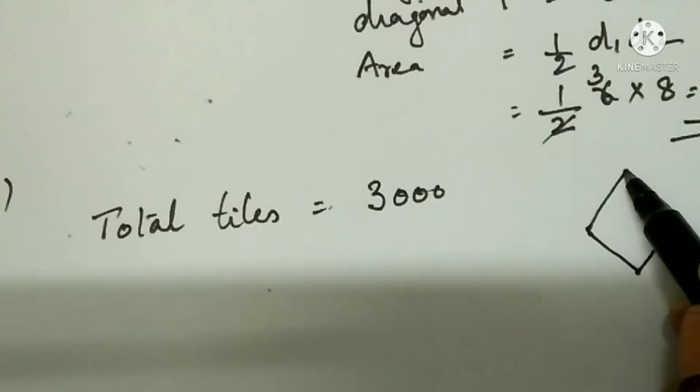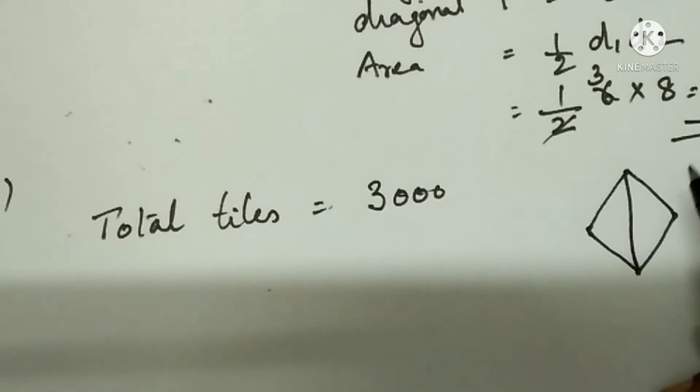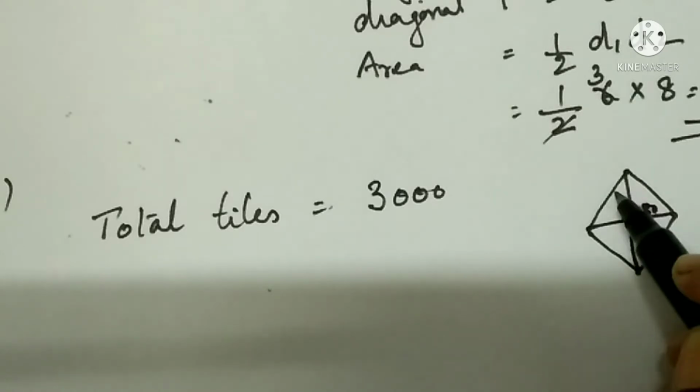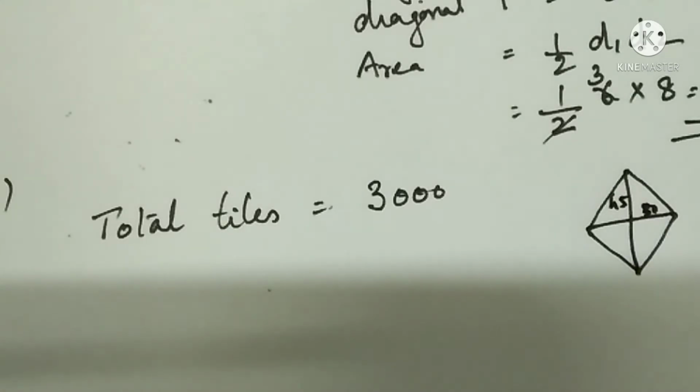One is 45 centimeter and the other is 30 centimeter. So this is 30 and this is 45. Now we have to find the area of the floor, and then we need to find out the cost of polishing the floor at the rate of 4 rupees per meter square.